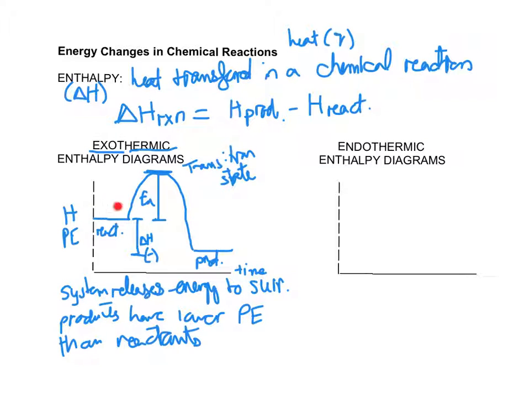My system itself doesn't really change in kinetic energy, it changes more in potential energy. The position of the particles has rearranged, so my potential energy is different. But because it releases the energy, the surroundings get hotter, and so everything gets hotter. That's one way to know that it's an exothermic reaction, if it feels warm.